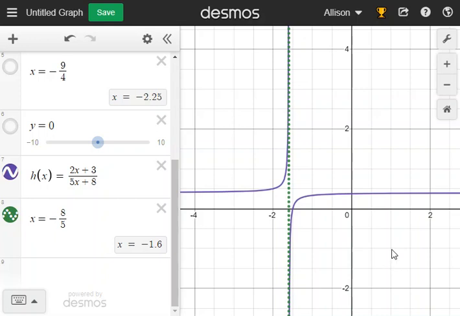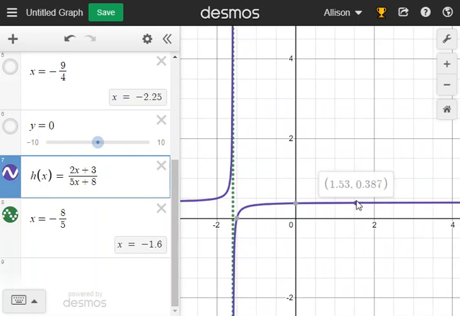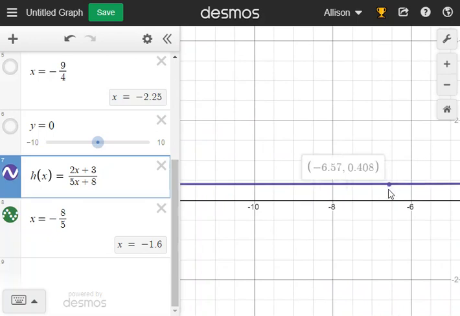All right, horizontal asymptote. Previously we were able to drag up and just see that this was getting closer to 0 for y. Not the case in this one. If I go up, it's like 3.8, 3.9. It's getting closer to 0.4 maybe. And if I drag down, 4.1, 4.0, I'm going to guess it's 0.4.